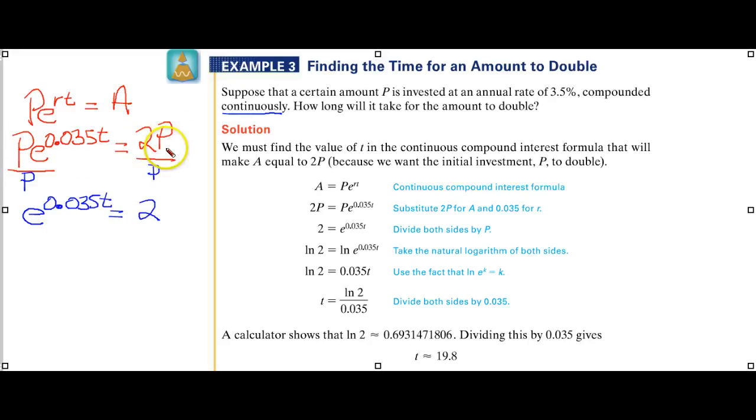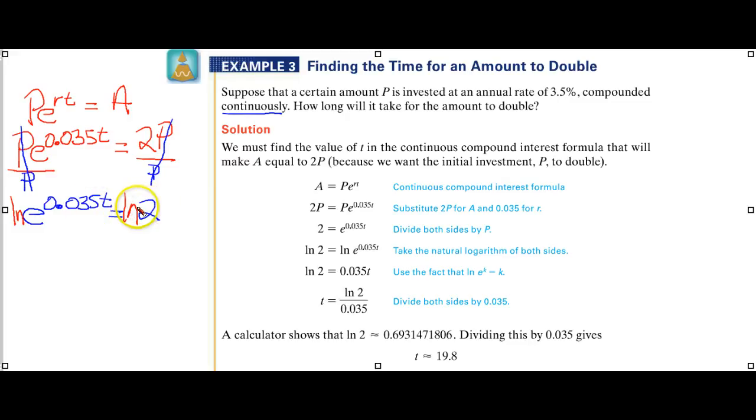So I still have an equation. I'm going to divide P out of this side by dividing by P. Now, without the P's on both sides, I have this equals 2. I'm now going to convert this to a natural log. I'm saying the natural log of e, and this is going to be the natural log of 2.